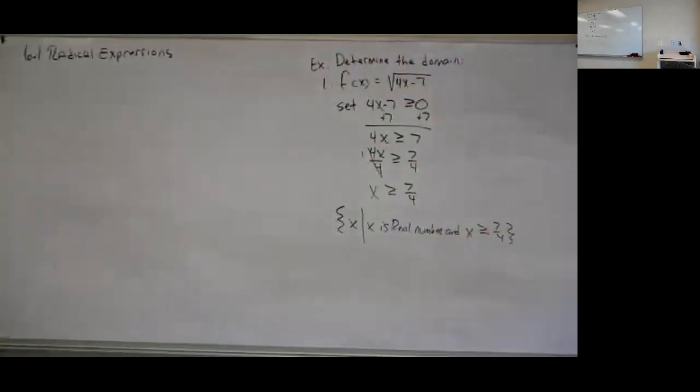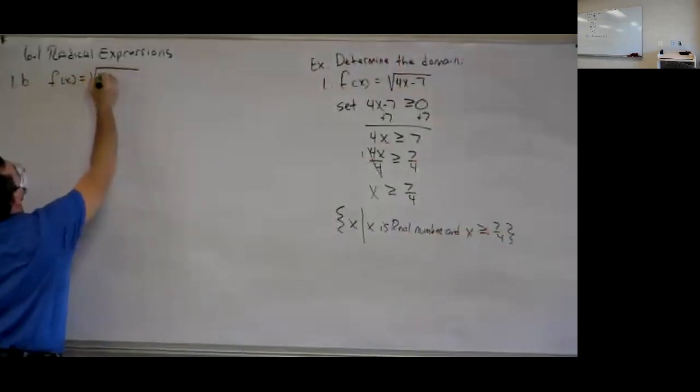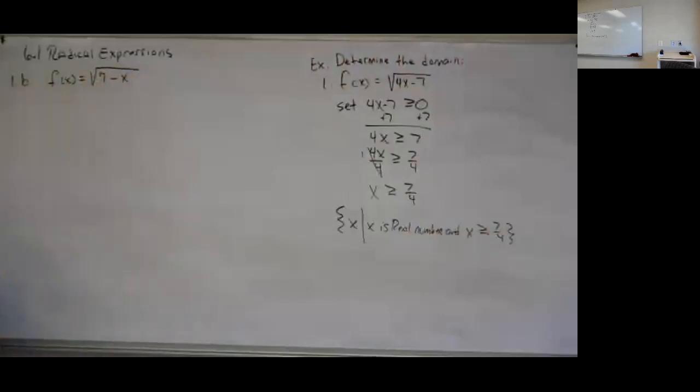So I'll show y'all one where you might have to, so this would be like a 1B. Let me have f of x is equal to square root of something like 7 minus x. Well, some of y'all might get negative x's and some of y'all might have that question like my very first one, okay?